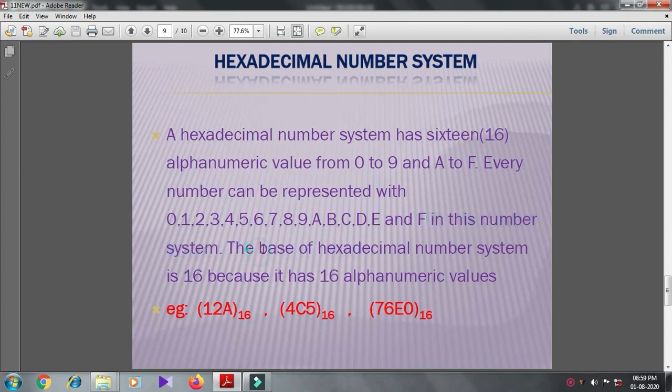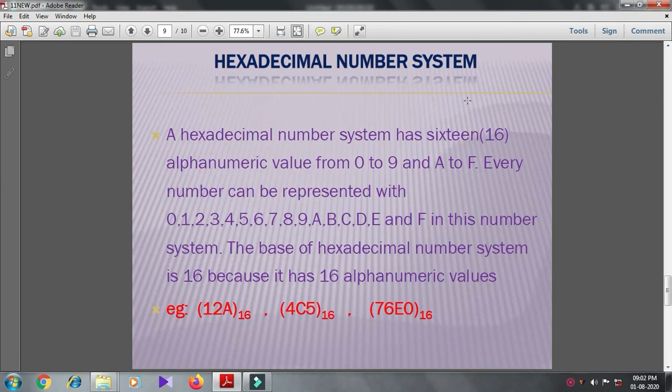The base of hexadecimal number system is 16 because it has 16 alphanumeric values. Here A represents 10, B is 11, C is 12, D is 13, E is 14 and F is 15. This number system has only 16 digits, that is 0 to 9 and A to F.